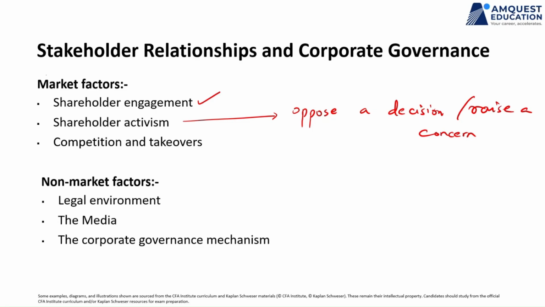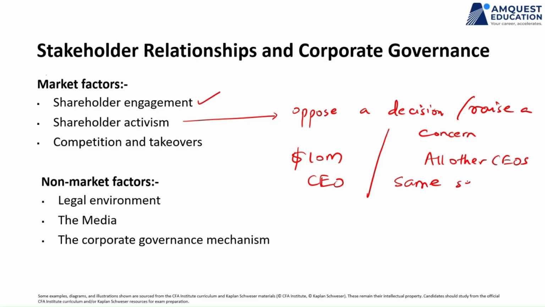Very simple concern, where the shareholders are raising a concern that the company is offering $10 million as compensation to the CEO, whereas all other CEOs in the same sector, same industry, are on average getting $8 million. Perfect. Now, this is the shareholder concern: why are we offering $2 million extra compensation?